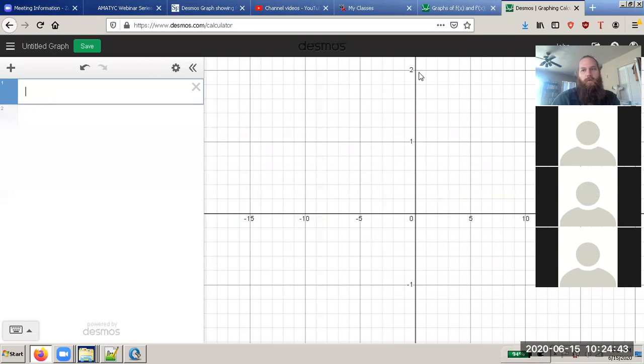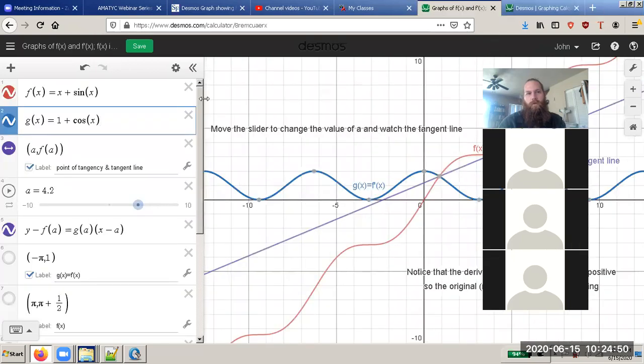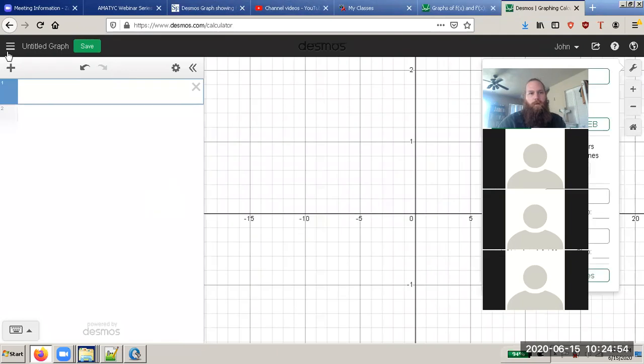Check this out. I'm going to need to readjust my scales. Here, we'll just use a fresh graph.